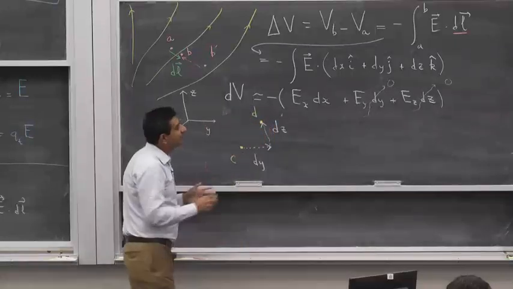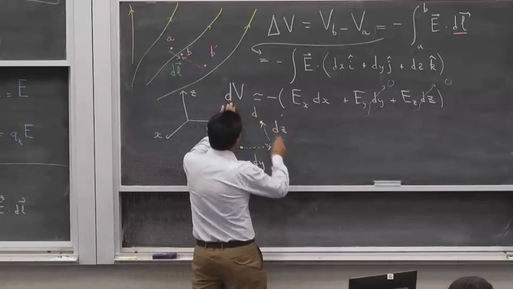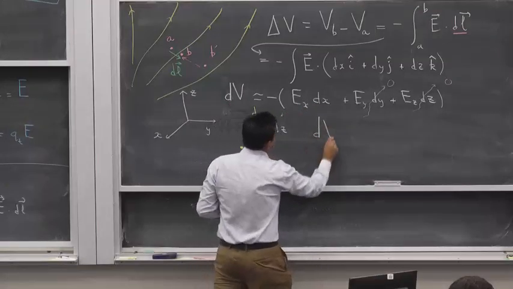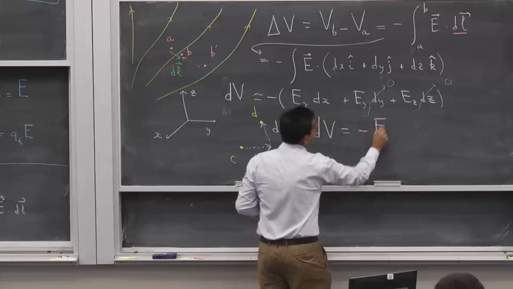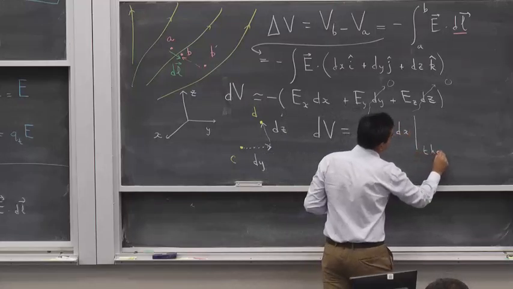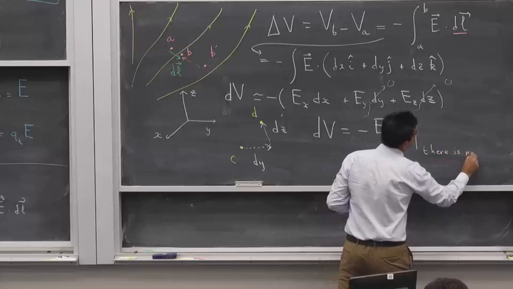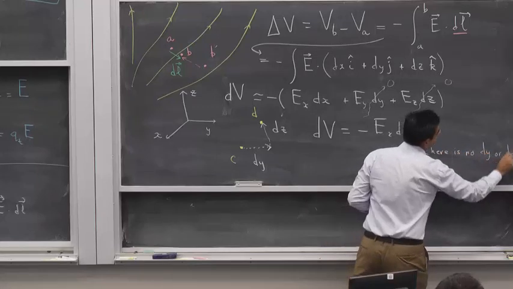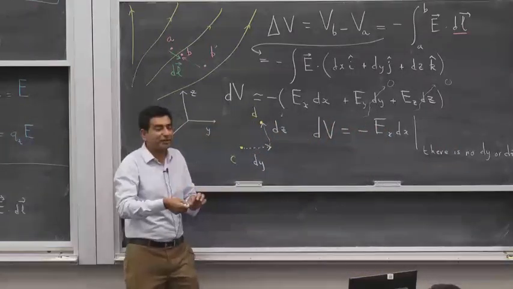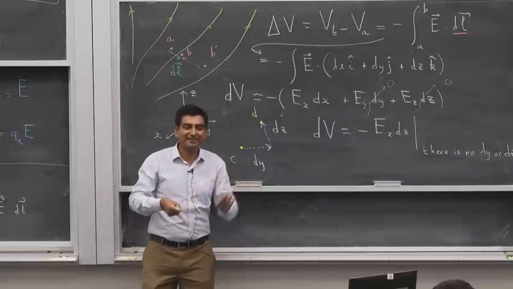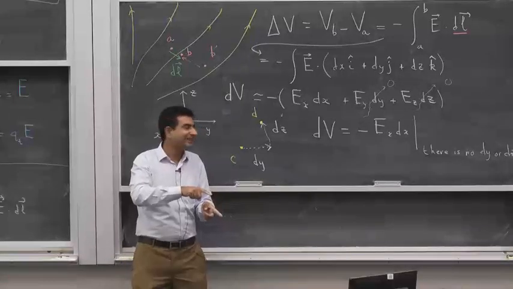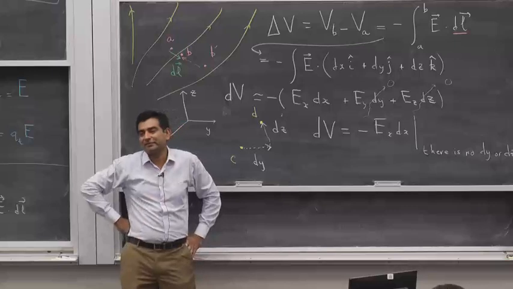Then if this were the case, my dV will become equal to minus Ex dx when there is no dy or dz. If there is no dy or dz, my dV, the change in potential as I only move along the x-axis, must equal the negative of the electric field along the x-axis times the displacement along the x-axis.